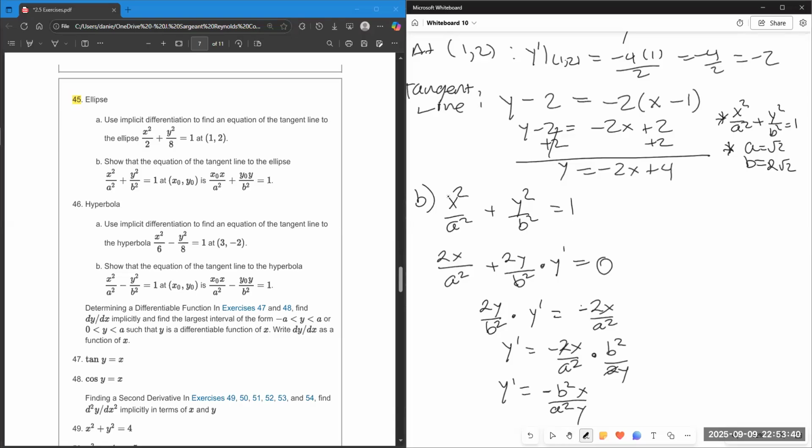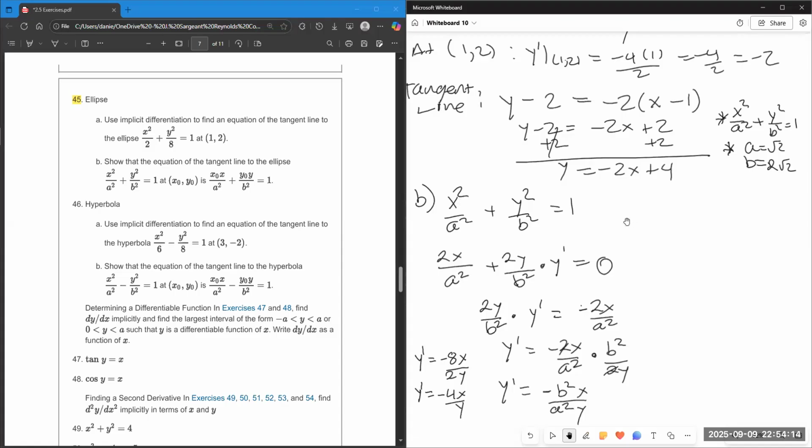All right. So maybe you can see already, in our first part, that would make y prime equal to negative b squared, which was 8, x over a squared, which was 2, y. So my y prime for our first problem would be negative 4x over y.